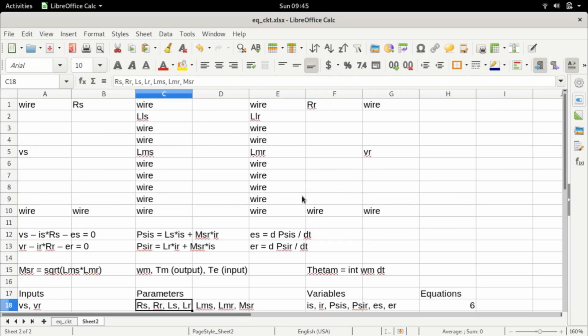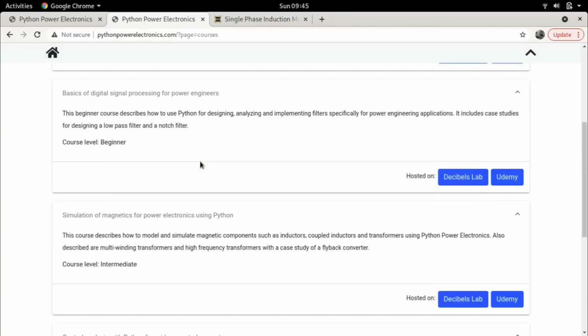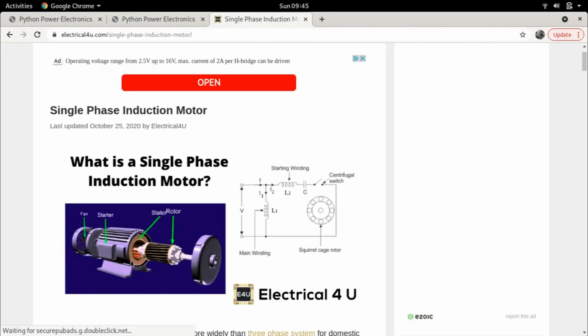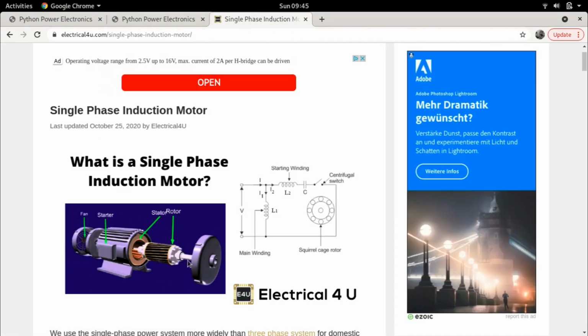When we talk about these, we are talking about the winding resistance of the stator and the resistance of the rotor bars, because the squirrel cage motor consists of bars which are short circuited on both ends.